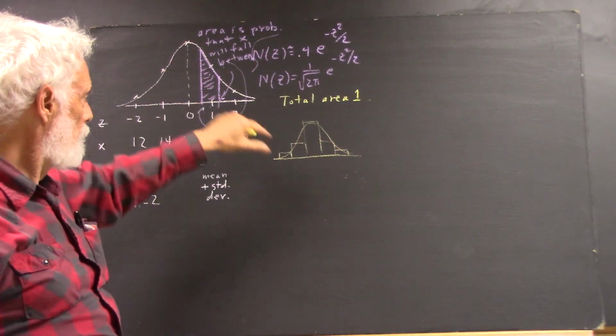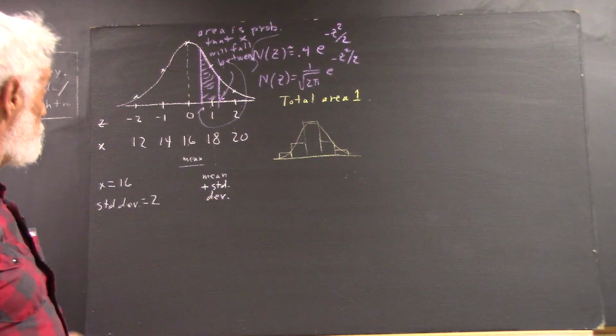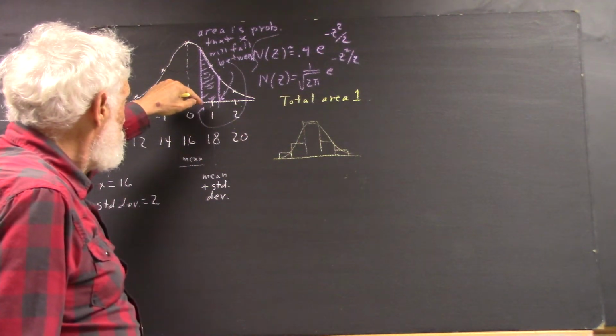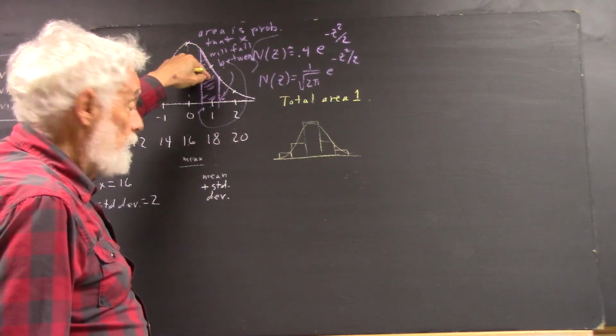Now that's not a very definitive statement, but intuitively, the probability x will fall between here and here is equal to this area.